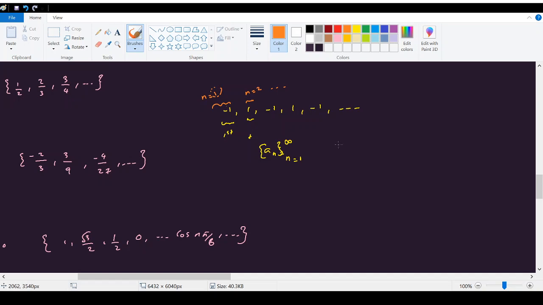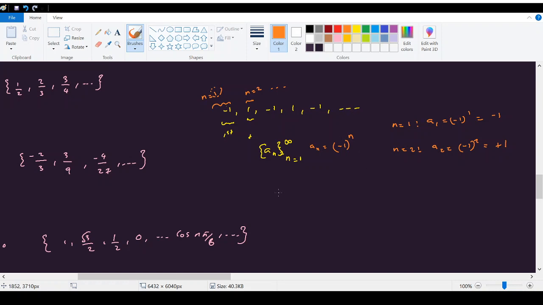So if we directly write down our equation as this one, see what happens. When n equals 1, we have a_1, which is negative 1 to the power 1, equal to negative 1. And when n equals 2, a_2 is negative 1 to the power 2, which is positive 1. Likewise, for all the odd powers you get negative 1, and for the even powers you get positive 1.